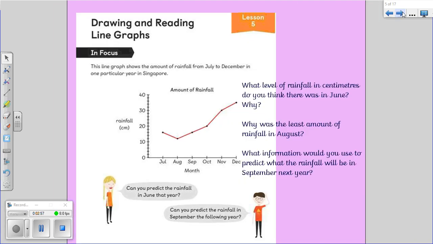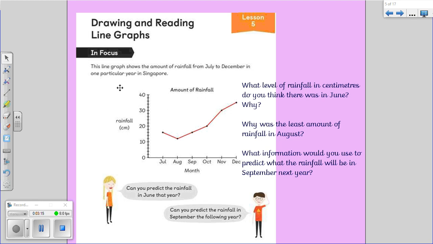Okay, in our in focus task, we can see we have got a line graph here, and it's really important when first looking at a line graph to look at what the data is showing, and also at the side here what the data has been measured in.